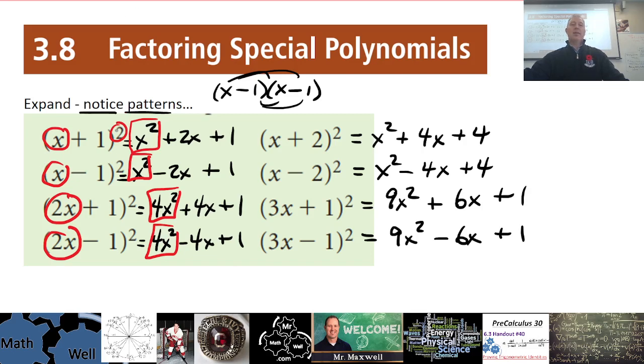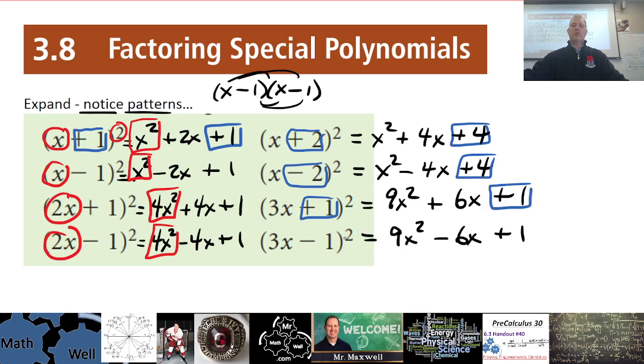And look at this. The last term is always squared here as well. So let's move over here. 2 squared is 4. Negative 2 squared is 4. So the last term in the binomial and the last term in the product trinomial are related that way. So we got the first term is the first term squared, and the last term is the last term squared.